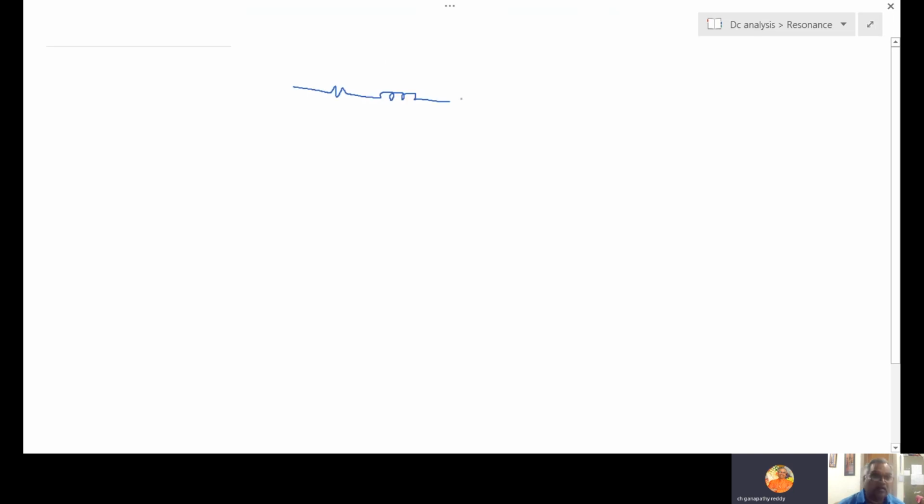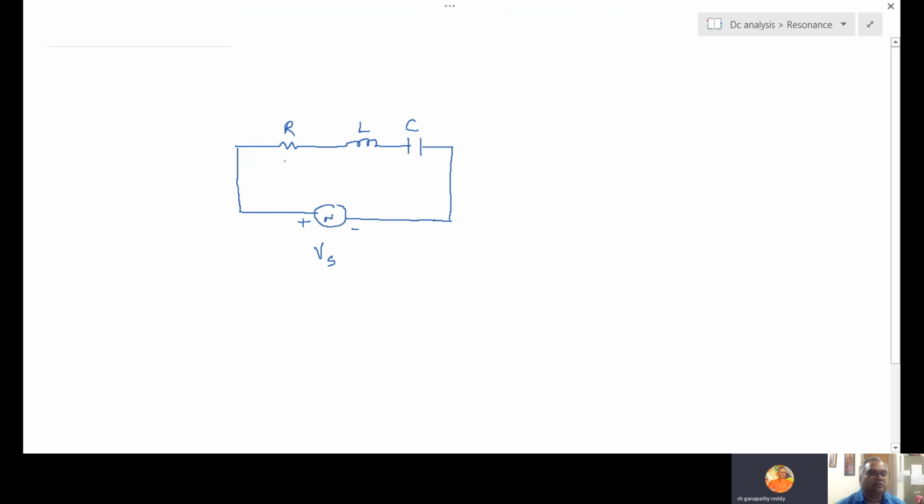In the series RLC circuit with source VS, this voltage is VR, this is VL, this is VC.